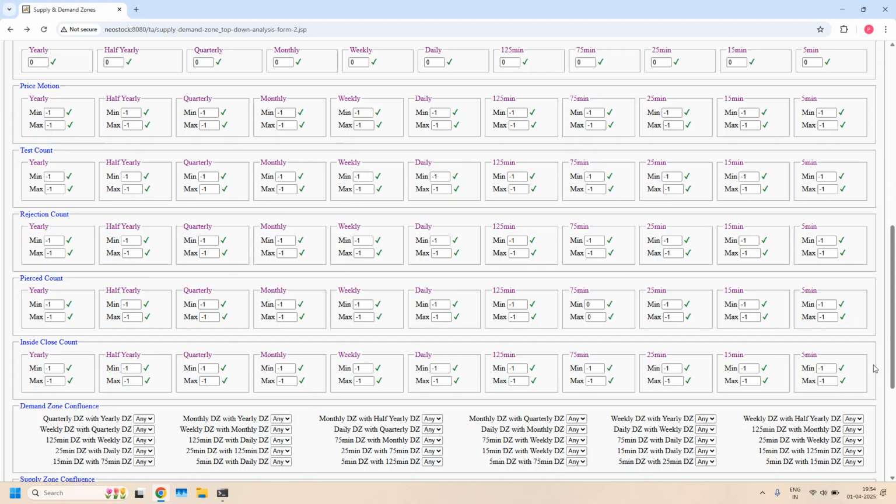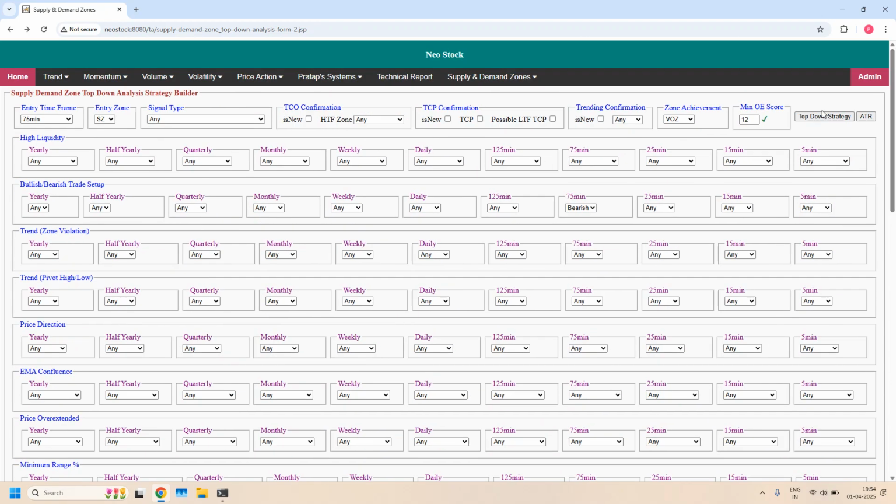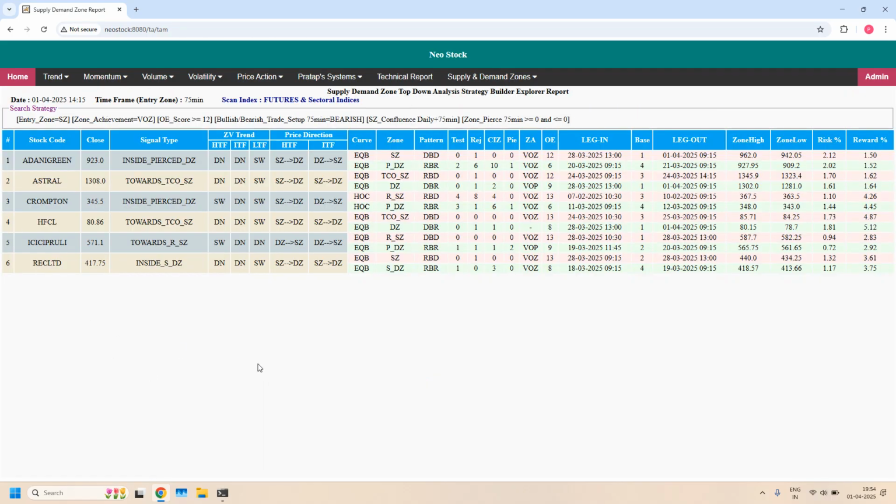This is demand zone. Next one is supply zone. In the supply zone confluence, 75 minute supply zone with daily supply zone confluence filter is enabled. With this filter, we got 6 stocks. In these 6 stocks, these 75 minute supply zones overlapped with daily supply zones.